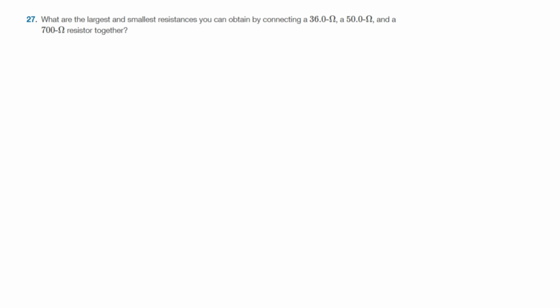Well, you get the largest resistance when resistors are connected in series.